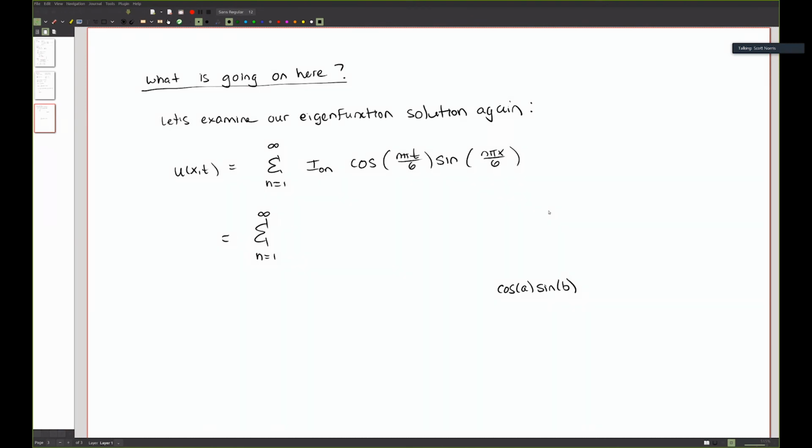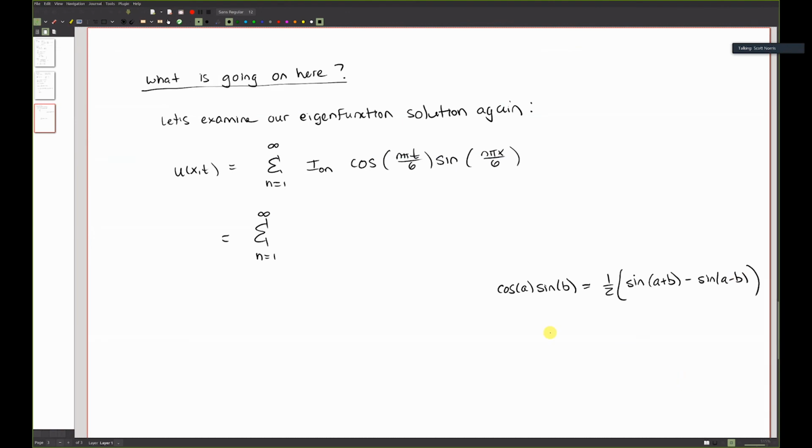Here we go. That can be written one half times sine A plus B minus sine A minus B.